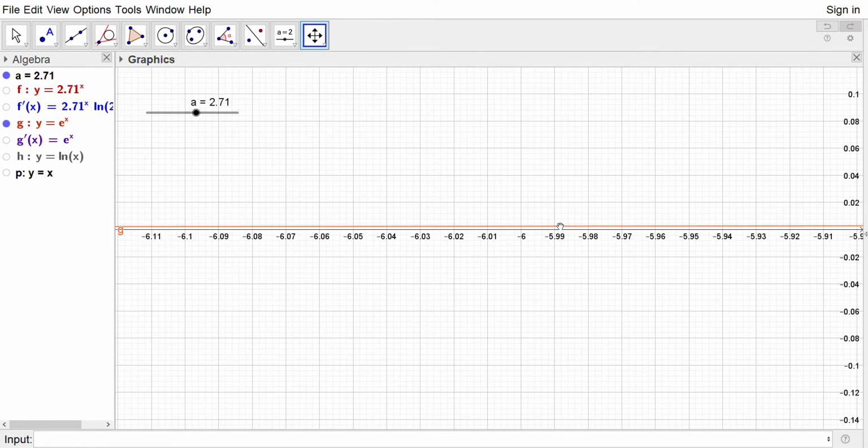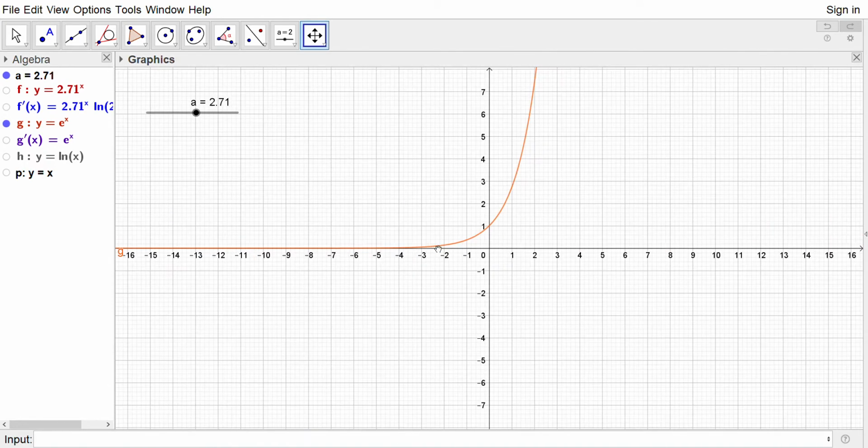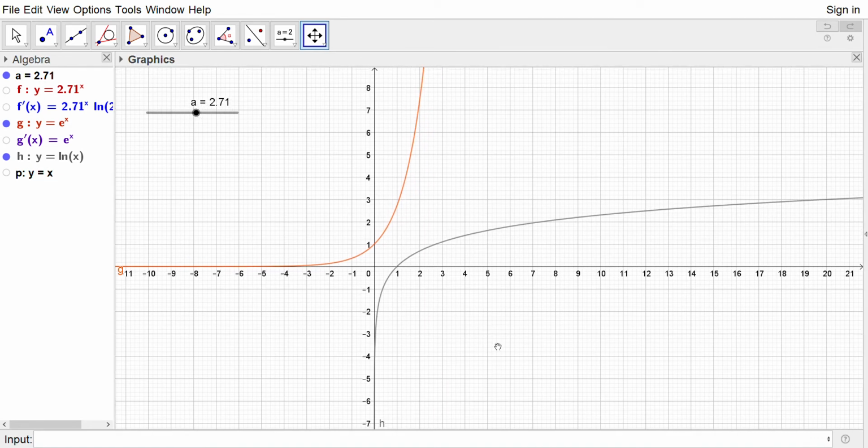So what we would say is that the range of e to the x is anything greater than 0. So we would say g of x is greater than 0. We can go as high as we want, but we cannot quite get 0 because there's an asymptote there, and we certainly can't get anything less than 0. What about its inverse function?